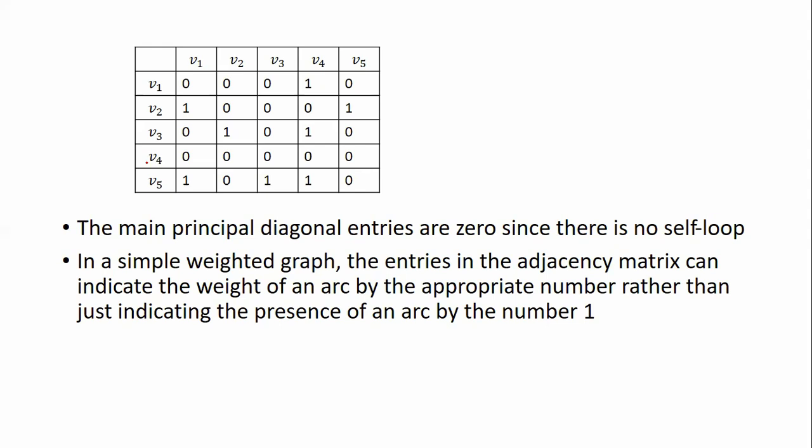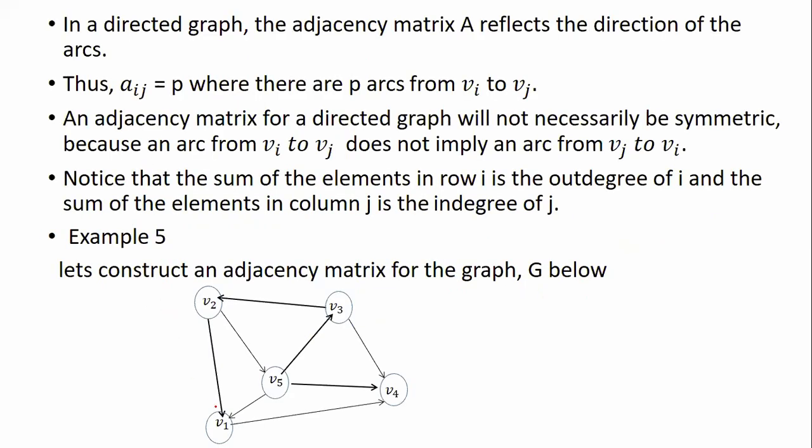So let's start with V1 to V1. It's no self loop, so 0 there. Now V1 to V2. You don't have a connection from V1 to V2, but you have V2 to V1. Is it okay? Yes, sir. You don't have the edge that starts from V1 to V2, but you have the one that starts from V2 to V1. Therefore, V1 to V2 is 0.